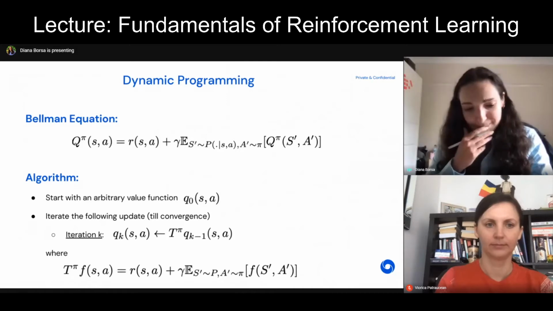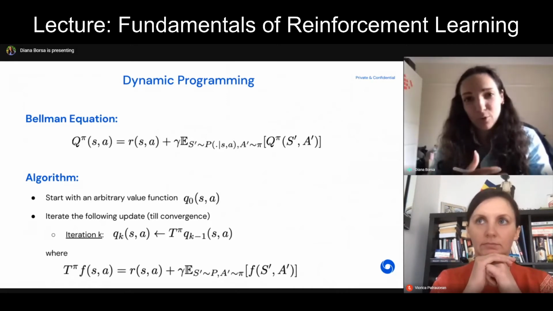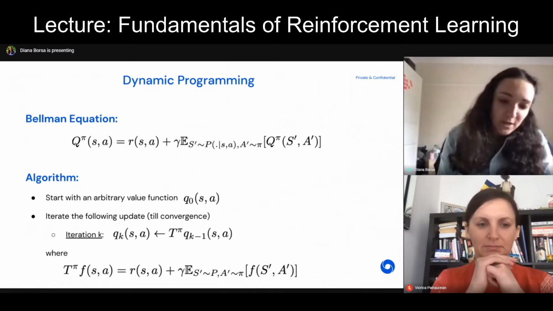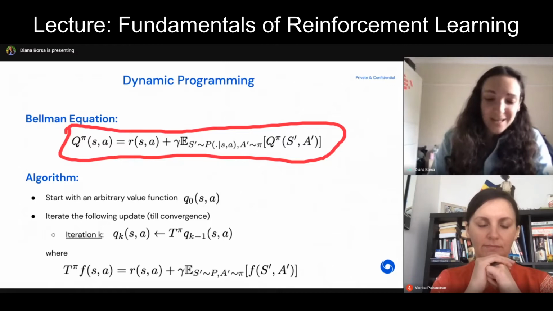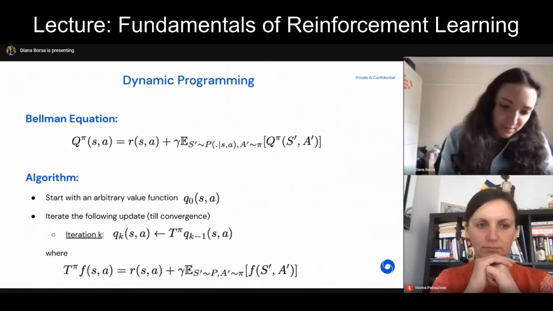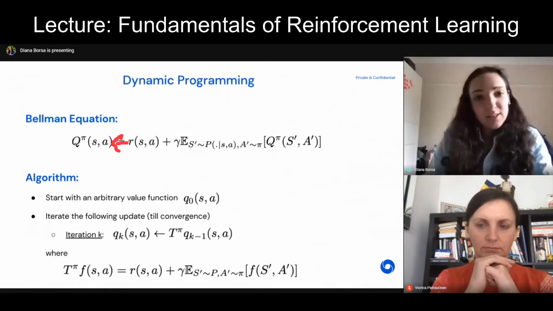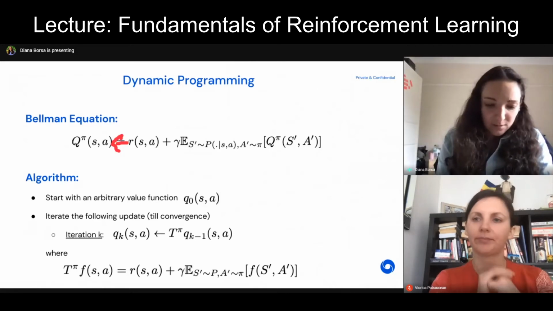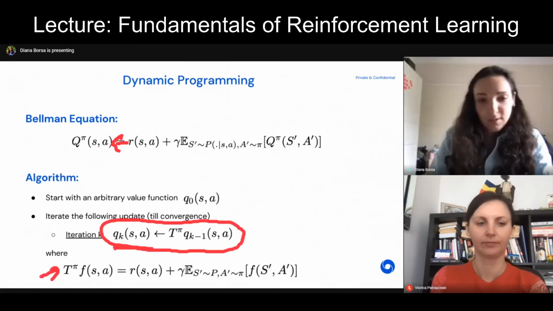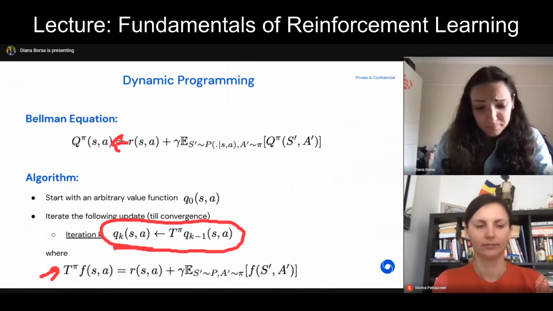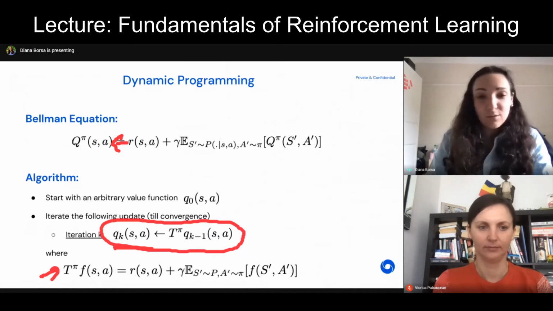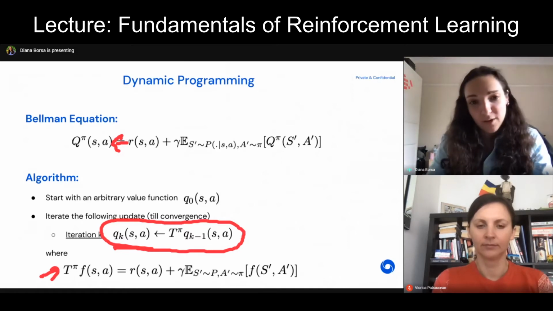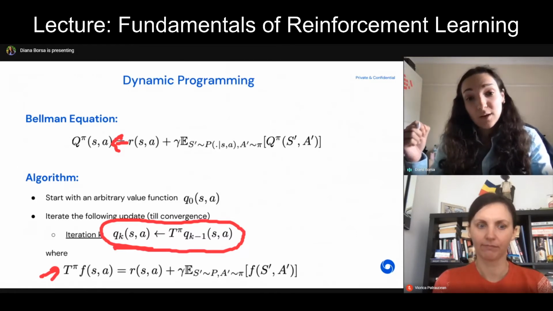The idea behind dynamic programming is turning the Bellman expectation equation into an update. So instead of being an equality, this is now an update, and this is exactly what this equation says. I'm just rewriting things in terms of an operator. It turns out that this operator happens to be a contraction, which means that if I sequentially apply it, I will get a sequence that converges to a unique fixed point.